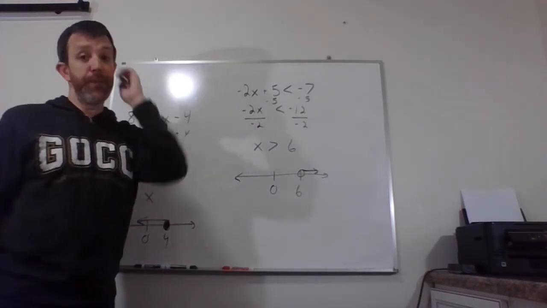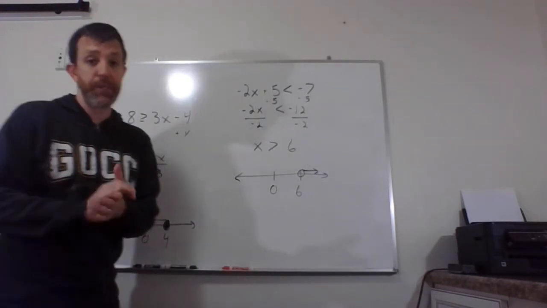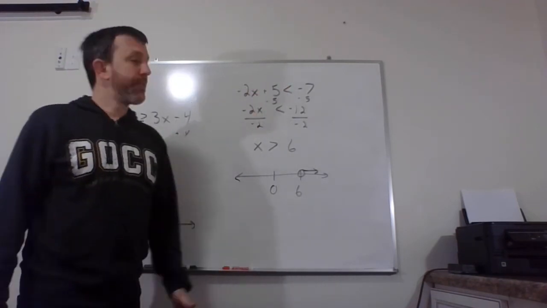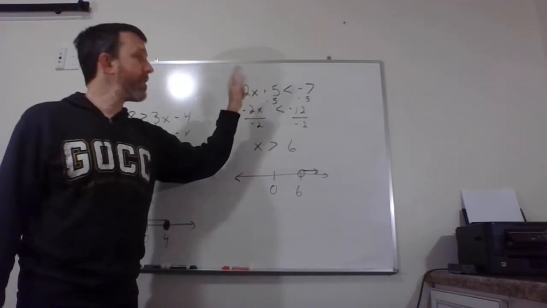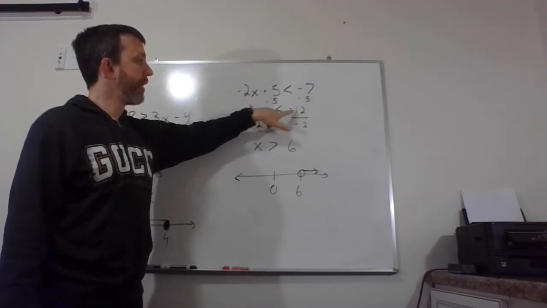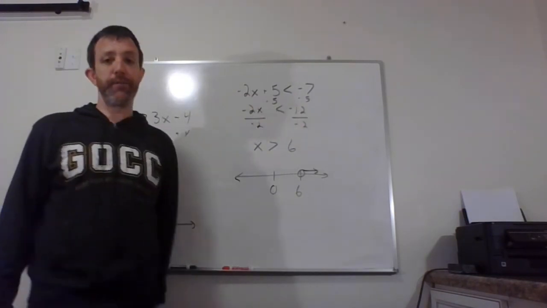My second example, this one's going to have a negative on the x. We're going to have to divide by it, so that's going to be the thing that we see here. We have -2x plus 5 is less than -7. So just like with any other equation, I start by subtracting. I subtract the 5. -7 minus 5 is -12. So now we have -2x is less than -12.